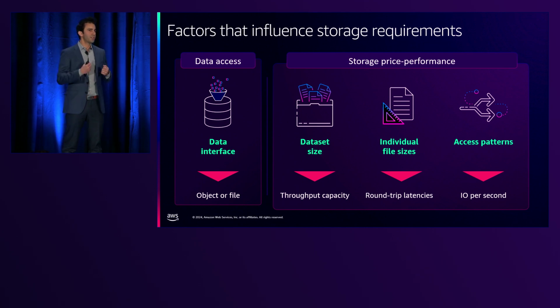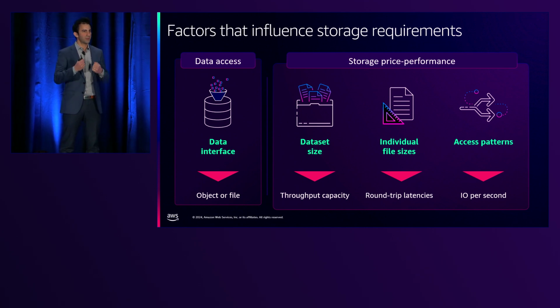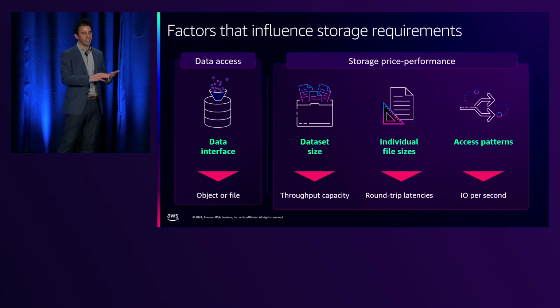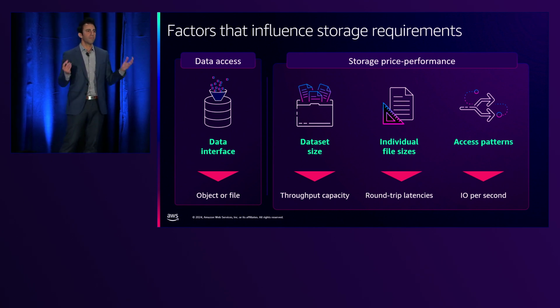That's how many I/O or TPS transactions you need to make per second, which is a factor of the type of workload you're running and the number of concurrent GPUs or users that are actually requesting data from your storage service. Now, these three factors combined, the data set size, the file sizes, and the access patterns, they all combine to create the performance profile that you need for your workload.